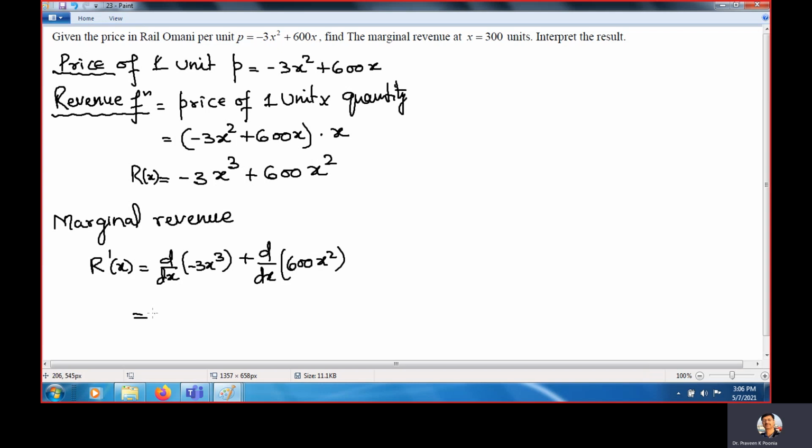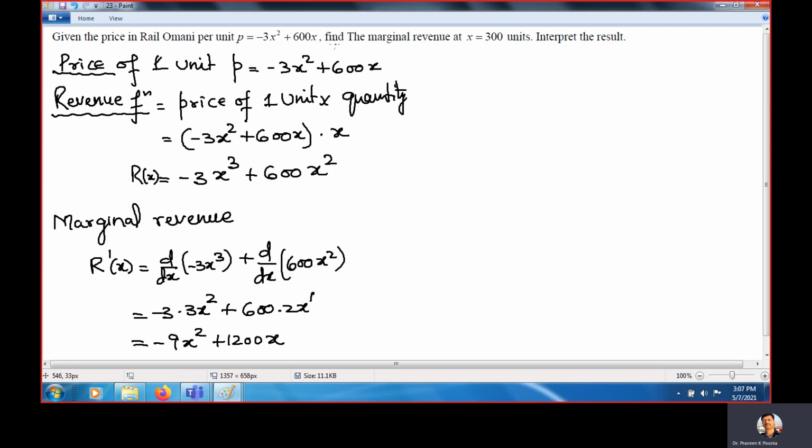If you differentiate minus 3x power 3, it is minus 9x power 3 minus 1, so minus 9x power 2, plus 600 into 2x power 2 minus 1, that is 1200x. So it is minus 9x power 2 plus 1200x. This is the marginal revenue.